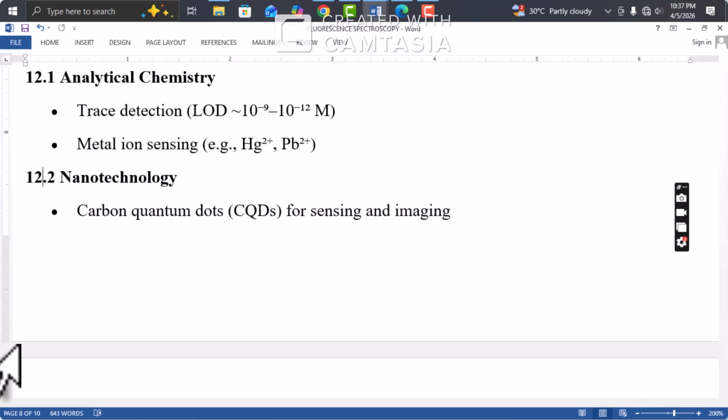You can use a fluorescent material to detect whether something is present somewhere or not. Nanotechnology, yes, this is my core area. I'm a nanotechnologist and I have produced carbon quantum dots. You can Google that online and see some of my work on that. So carbon quantum dots for sensing and imaging, right?